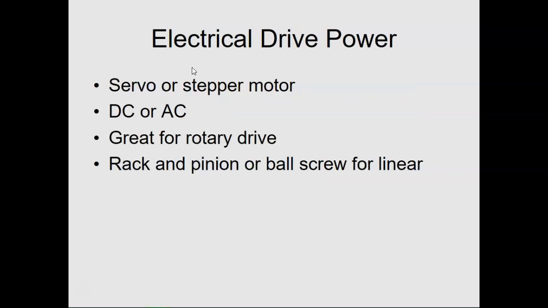You have to have electricity. So if you have an electrical drive power, which again is most of what a lot of robots run on, you have things that are called servo motors or stepper motors. You have ones that run on DC versus AC.